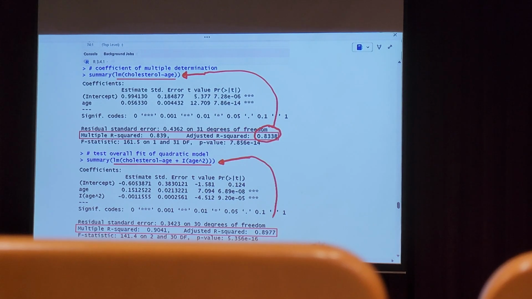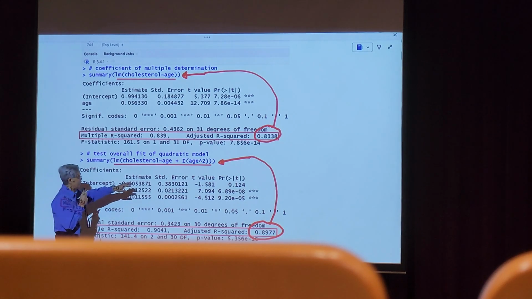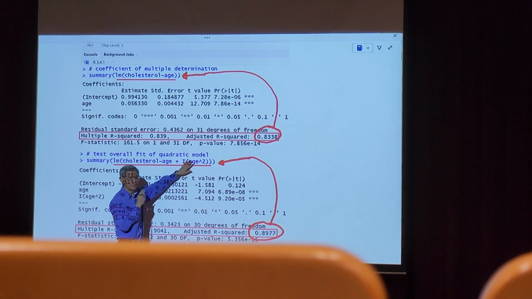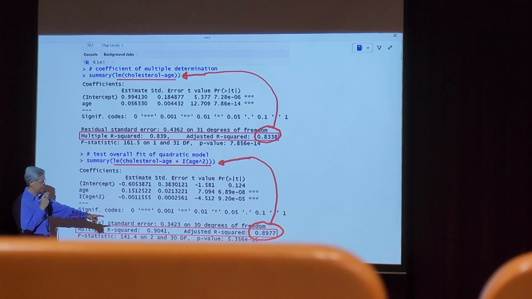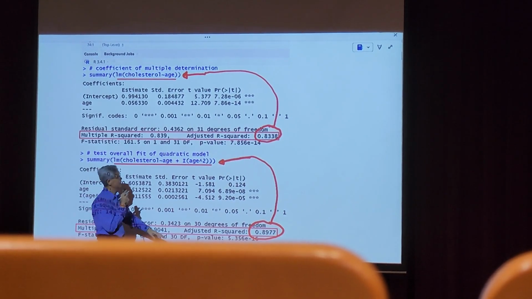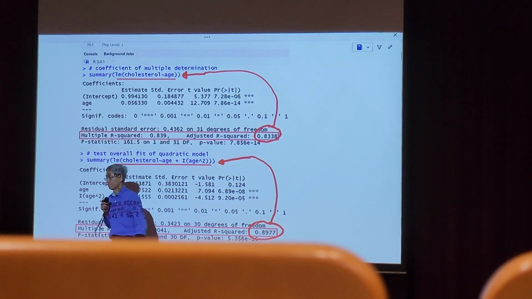For the quadratic model, the adjusted R squared is this. So by adding the quadratic term here, this adjusted R squared has gone up.